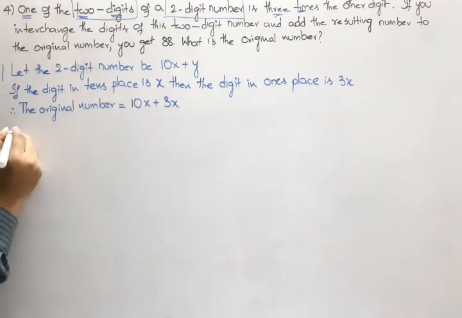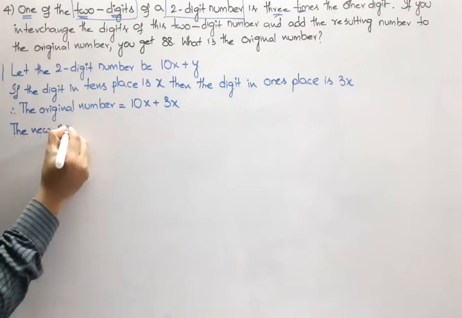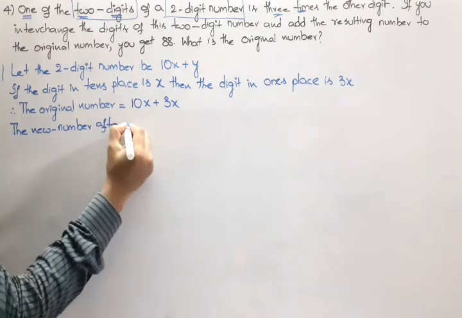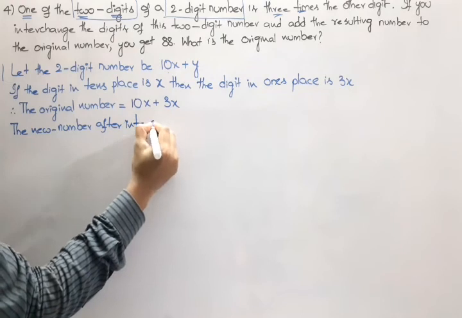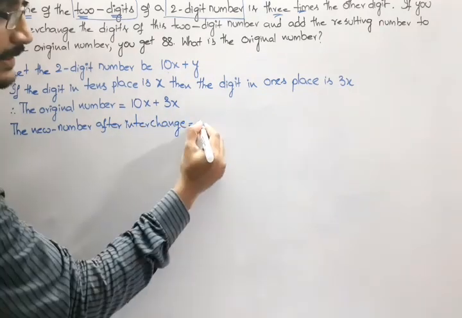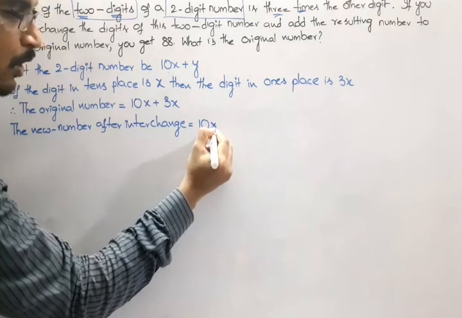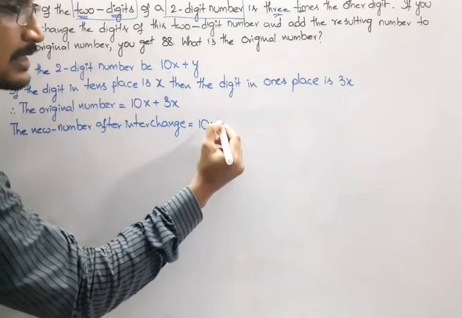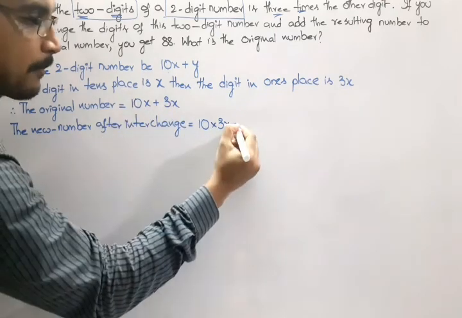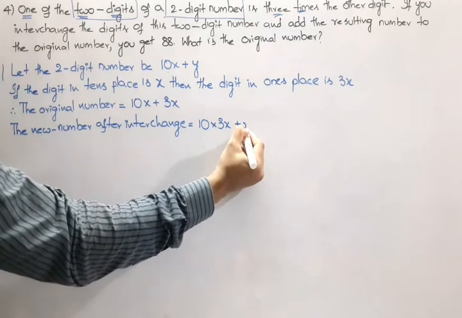The new number after interchange is equal to 10, the place value, will come as it is, into the digit in ones place, 3x, because we are interchanging the digits, plus this x, being the digit in tens place, will come here.